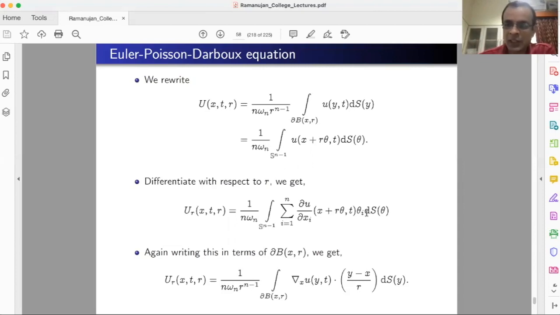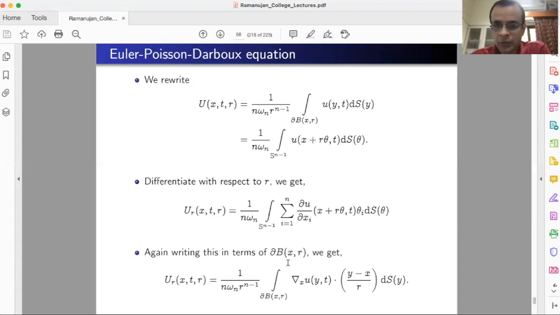Dot with, now this theta i is going to be the unit vector. The unit vector is y minus x divided by r, since the length of y minus x is r. So theta i is the ith component of y minus x by r. What you actually get here is a dot product, and then you have ds of y.